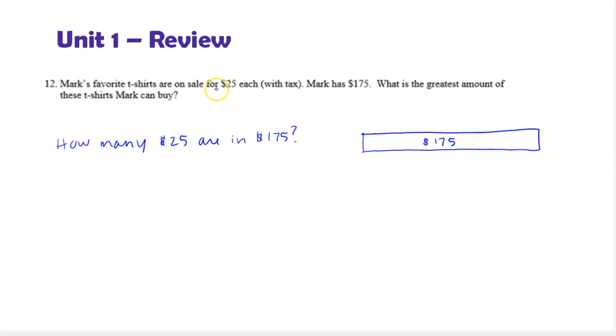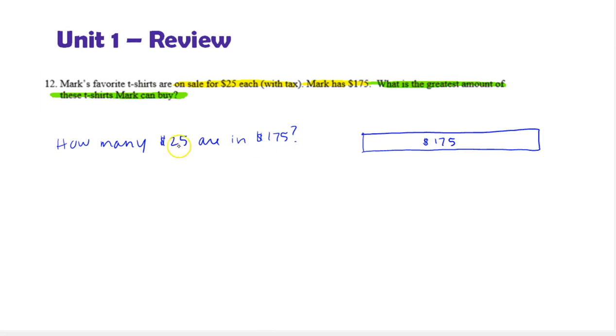Mark's favorite t-shirts are on sale for $25 each with tax. Mark has $175, and we want to know what is the greatest amount of these t-shirts that Mark can buy. So another way to think of this is how many 25s are in 175.